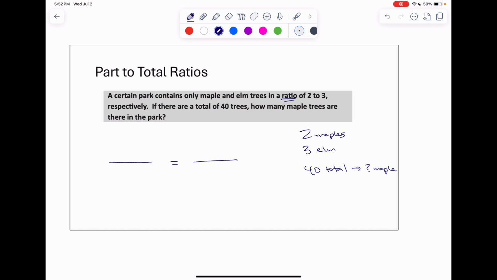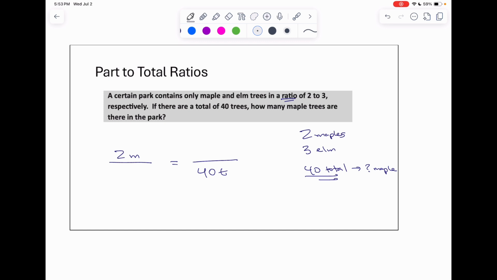So you'll notice that if I do 2 maples for every 3 elm trees, and then I try to put this total trees somewhere on the other side, if I put it on the top, it doesn't match my maple, so not there. If I put it on the bottom, it doesn't match my elm. Well, I have to put it somewhere, so you know what I'm going to do? I'm going to get rid of my elm here and see if I can't get something from my ratio to match.